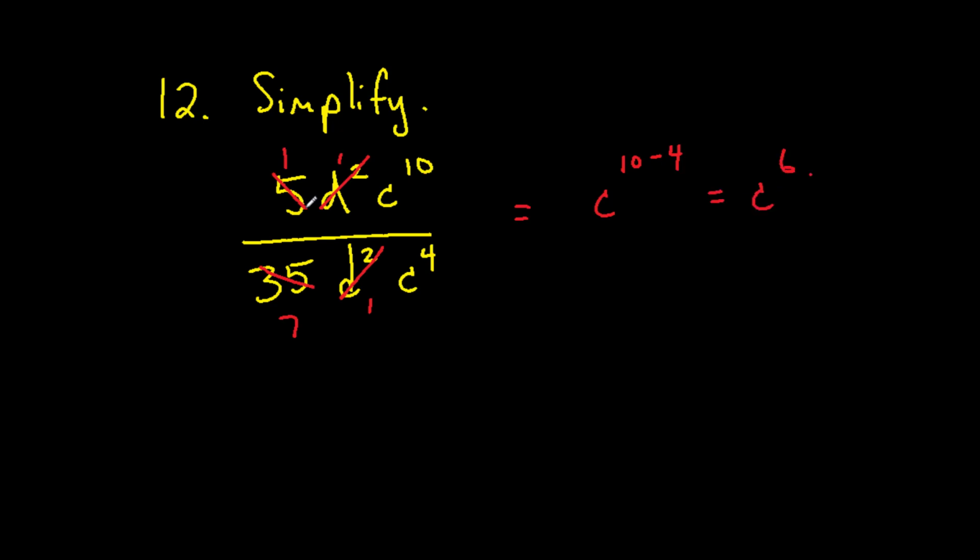Since it's a positive exponent, that will remain in the numerator. So in the numerator, we have 1 times 1 times c to the 6th, which is c to the 6th, and in the denominator, we have just the 7 left over because these two simplified to be 1. So our final answer is c to the 6th over 7.